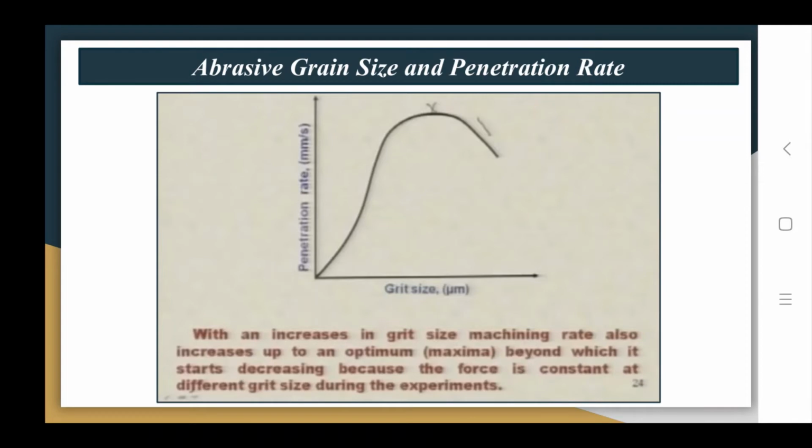Here machining rate means the penetration rate, and it also increases up to an optimum value where you get the maxima. Beyond the maxima it starts decreasing, because the force is constant at different grid sizes during the experiments. So as the abrasive grid size further increases beyond this optimum value, the penetration rate starts decreasing.